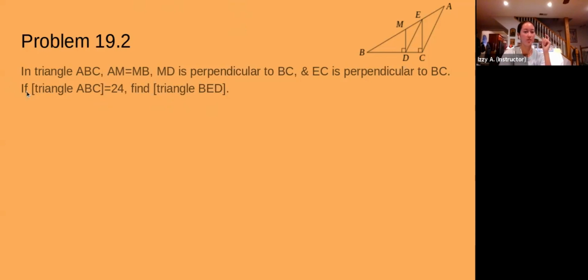For example, this is saying the area of triangle ABC is equal to 24, and this is the area of triangle BED. Give you a few more seconds and then we can go over the problem together.